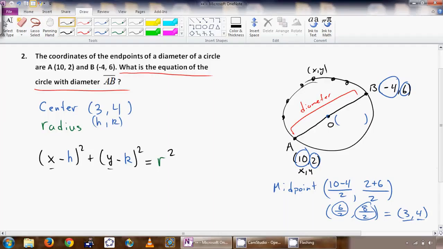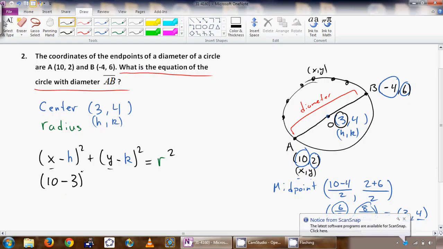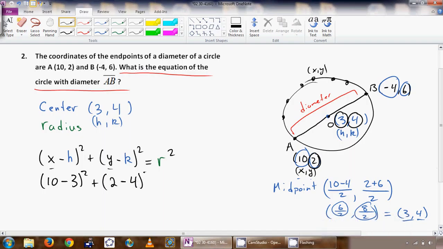Those are points on my circle, so this is an x and a y. So it seems like I have an h and a k value and an x and a y value. I can substitute them into my equation. For x, it's 10 minus my h, which is 3, and we're squaring it. My y would be that 2, and I'm going to subtract my k, the 4, and square it.